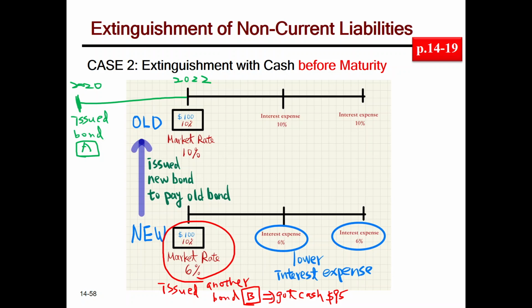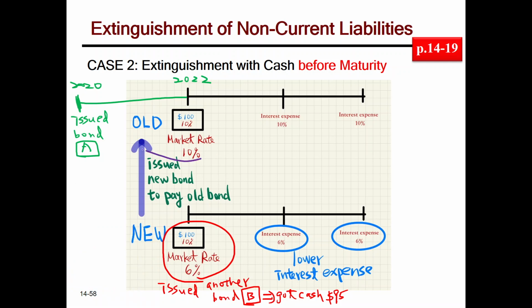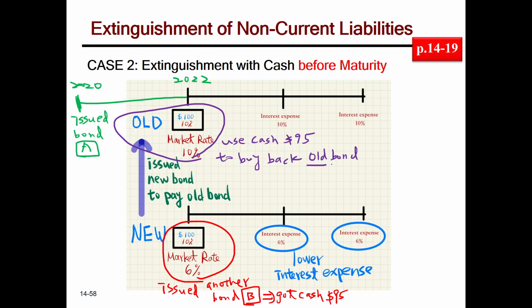Then I use 95 to buy back the old bond. Old bond means bond A. So that's how we could still pay the debt, buy back the bond before the maturity date for your bond A, even though I don't have the cash.